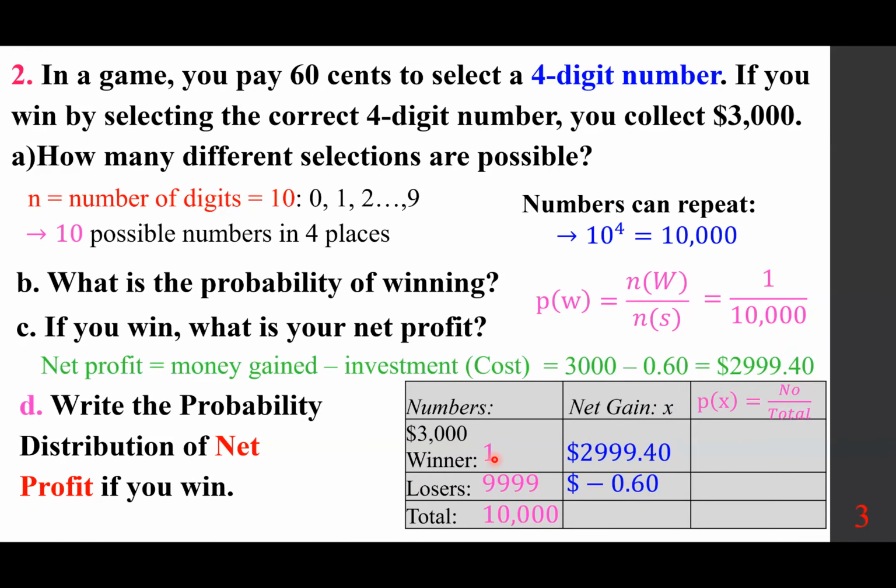What is the probability of winning? 1 out of 10,000. What is the probability of losing? 9,999 out of 10,000. So very clearly, the number in this column over that will do the job. I hope everybody is comfortable with that. Clear? Questions?